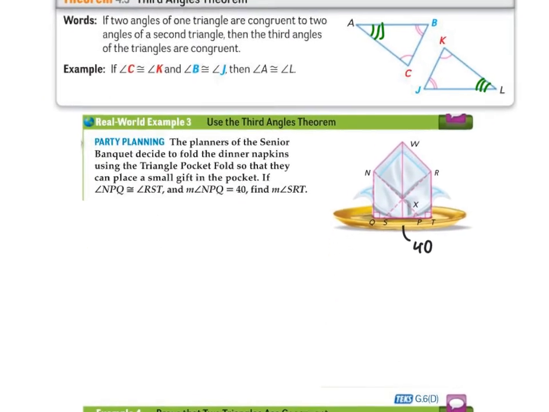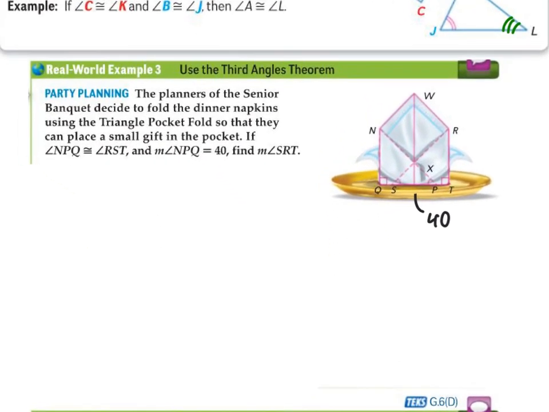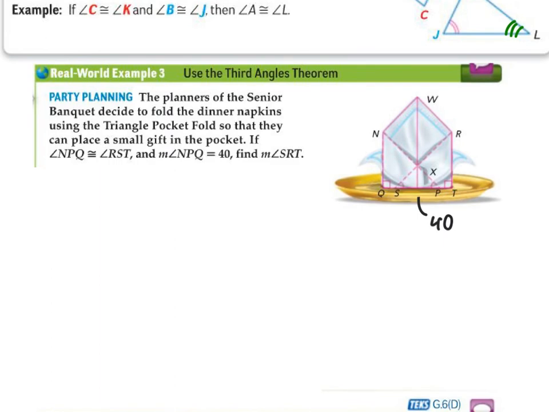Use the third angles theorem. The planners of the senior banquet decided to fold the dinner napkins using the triangle pocket fold, so they can place a small gift in the pocket.